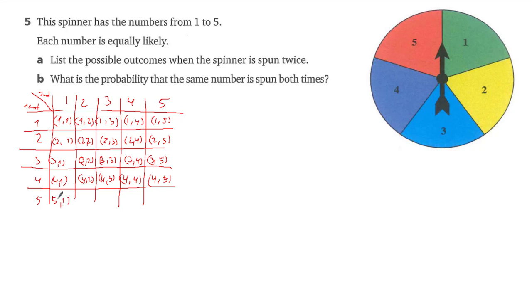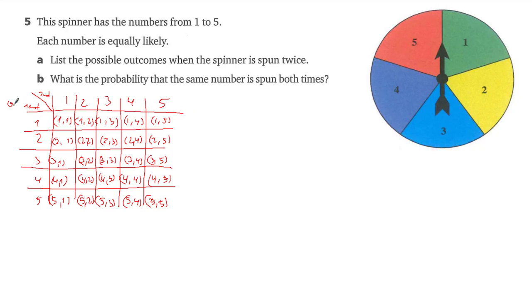Last one, 5, 1, 5, 2, 5, 3, 5, 4, and 5, 5. All right, these are the total number of outcomes.